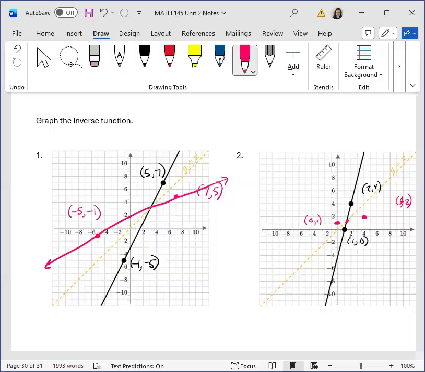So I could have marked that point on the original one as well. I just didn't, in the first example. So connecting those 3 points in a straight line, there is my inverse function. Again, a reflection over the y equals x line.